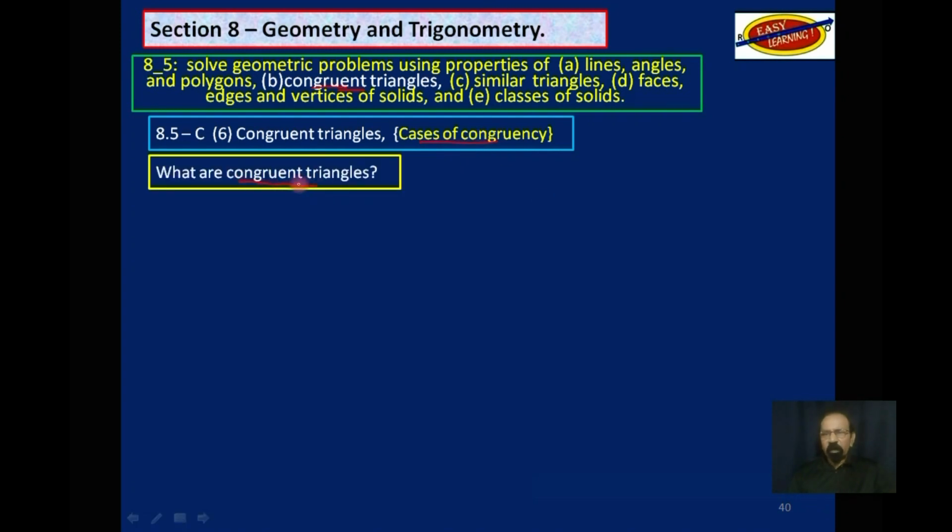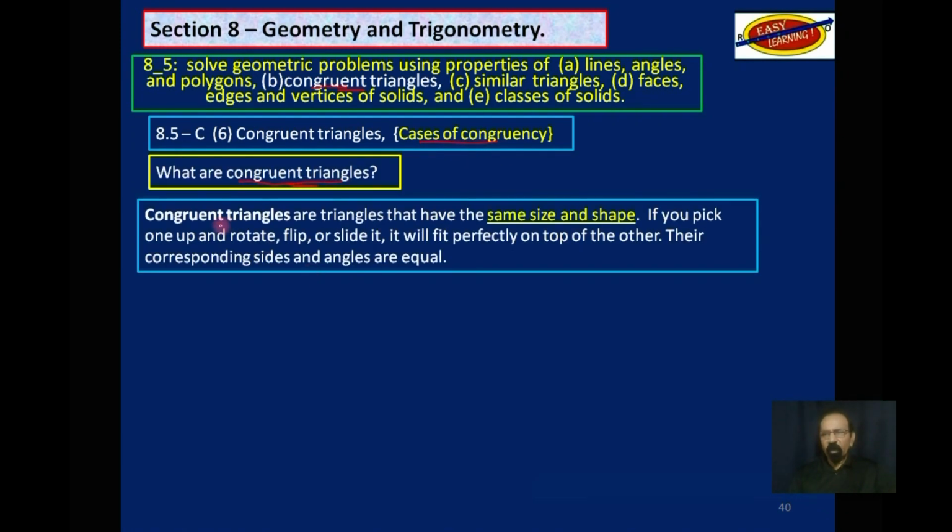What are congruent triangles? Congruent triangles are triangles that have the same size and shape. If you pick up one and rotate it or flip it or slide it, it will fit perfectly on top of the other. Their corresponding sides and angles are equal, identical twins.